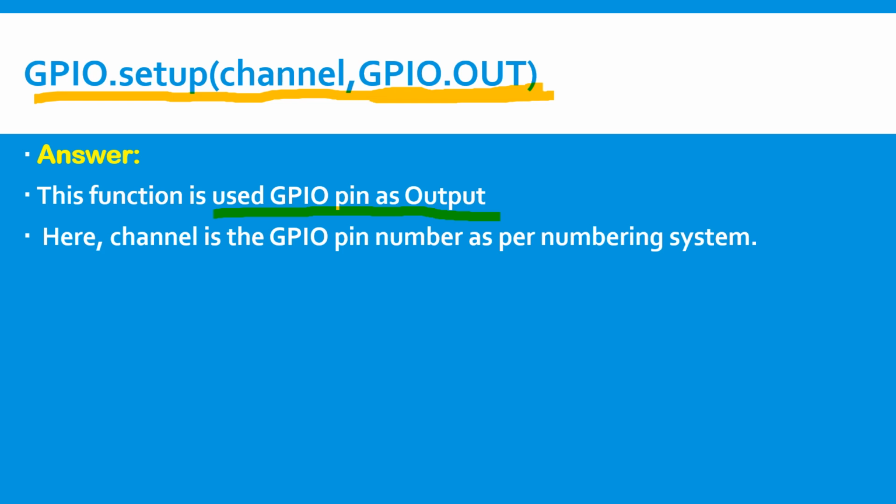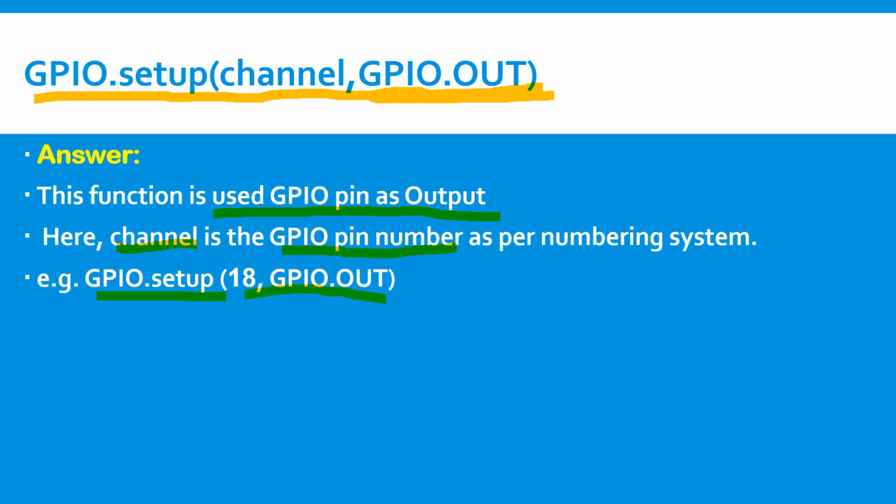Again, channel is nothing but the GPIO pin number as per the numbering system. Example given again, GPIO.setup 18 comma GPIO.out. Because of this, we can say that GPIO pin number 18 is set as a output pin.